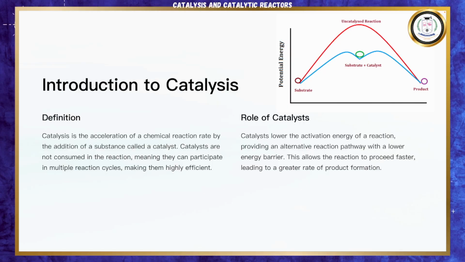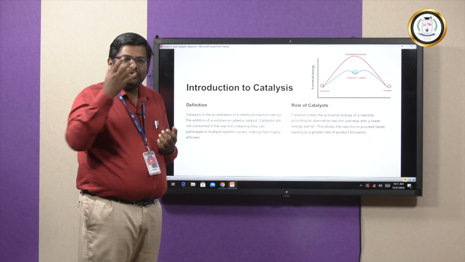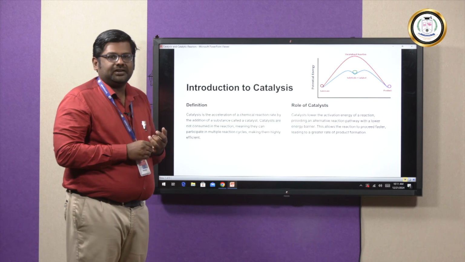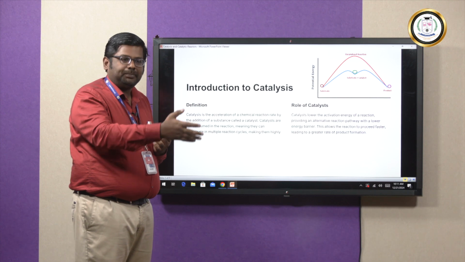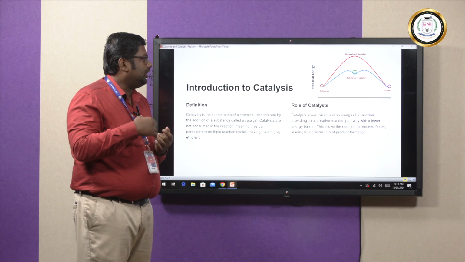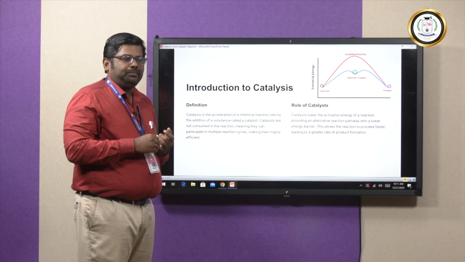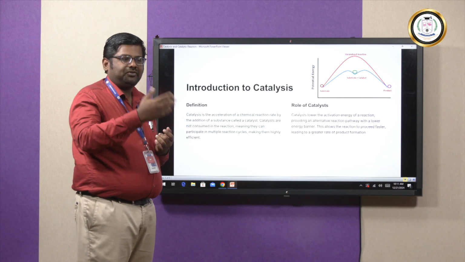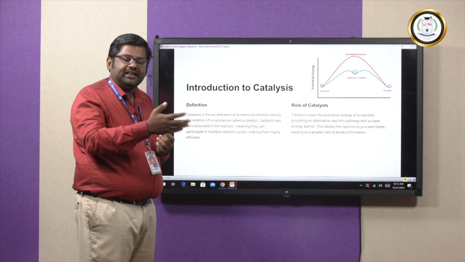Now what does this mean in terms of the industrial aspect? When you are supplying energy for a reaction, it means you are spending money for that reaction. When you use a catalyst, the amount of energy spent on a particular reaction is lessened, and the time required for the formation of product in a catalytic reaction will mostly be less. So you are spending less energy, which means less money.